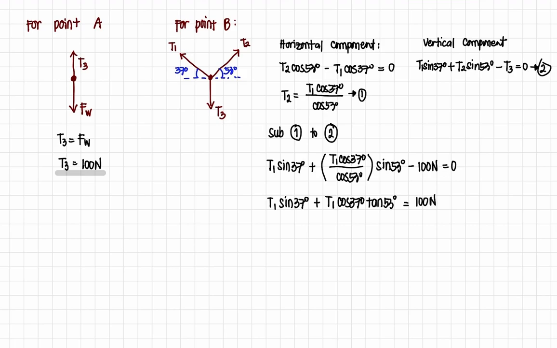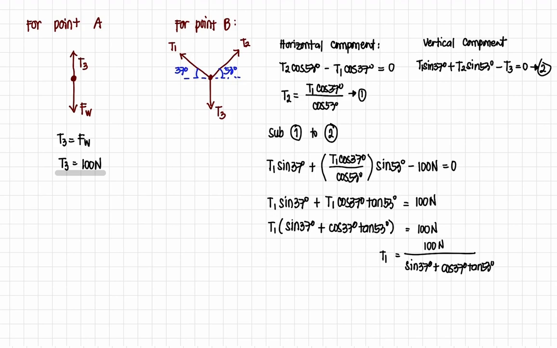Actually, you can just input this in your calculator, but I'm showing this because you can use this in your other classes. So we factor out T1: sine of 37 degrees plus cosine of 37 degrees tangent of 53 degrees equals 100 newtons. So T1 is therefore equal to 100 newtons divided by sine 37 degrees plus cosine of 37 degrees tangent of 53 degrees.